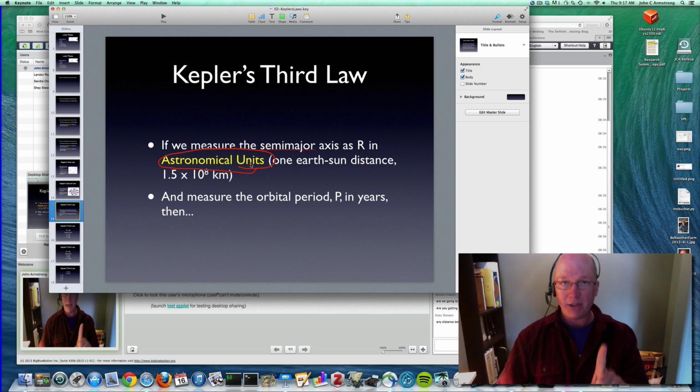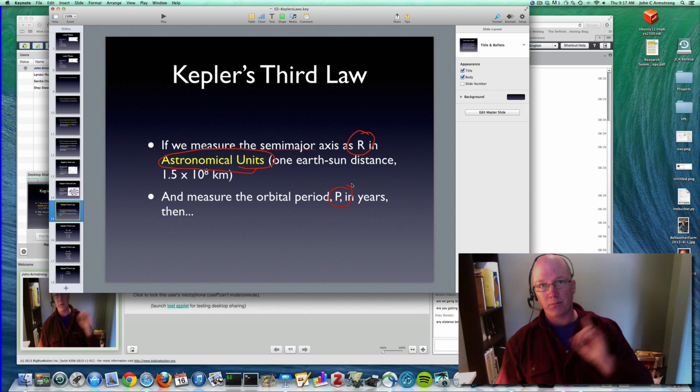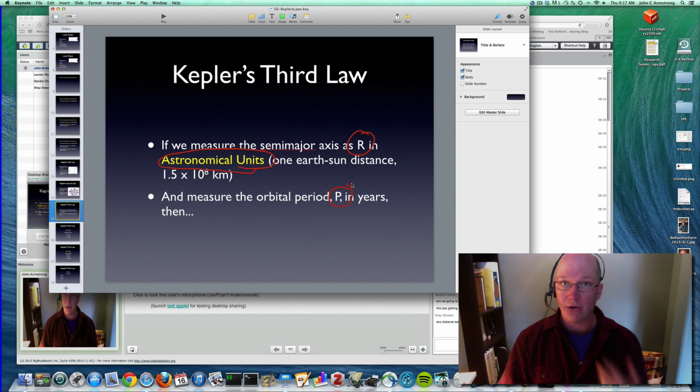So the semi-major axis from the Earth to the Sun is 1. If we can measure that, and we could measure the orbital period, so how long it takes this planet to go around the Sun, in the case of the Earth it's 1 year, then there was a mathematical relationship between those two quantities, and that mathematical relationship was this one.